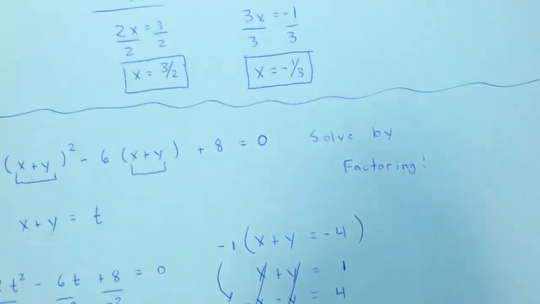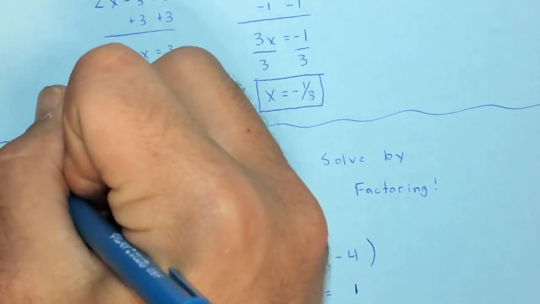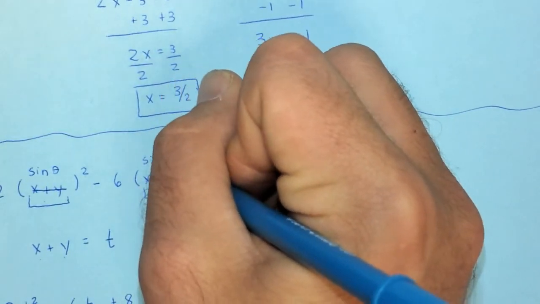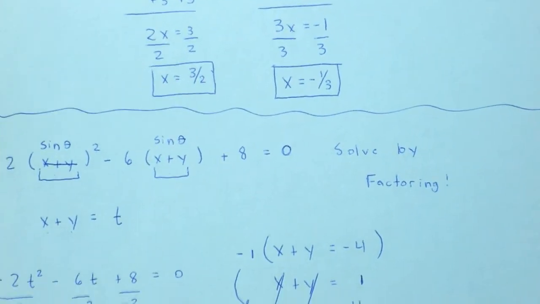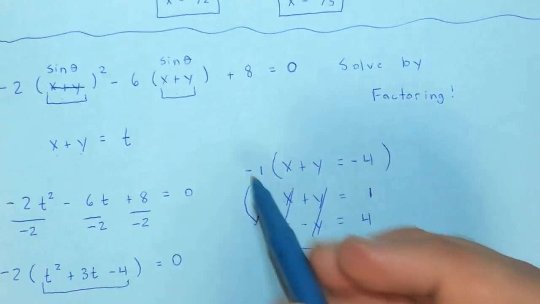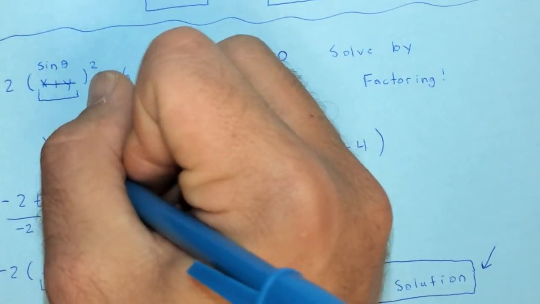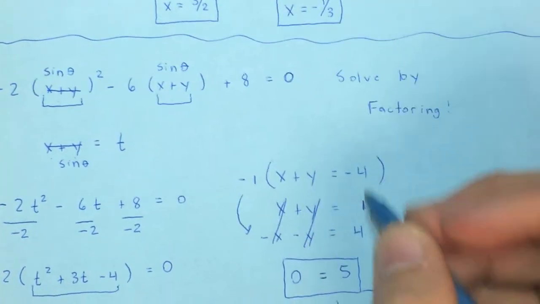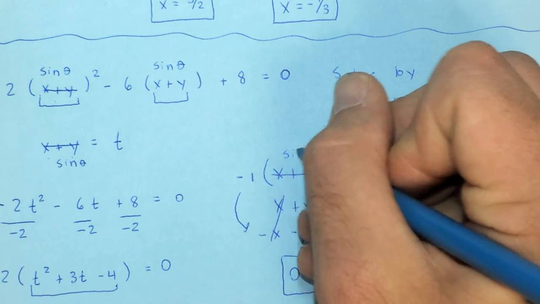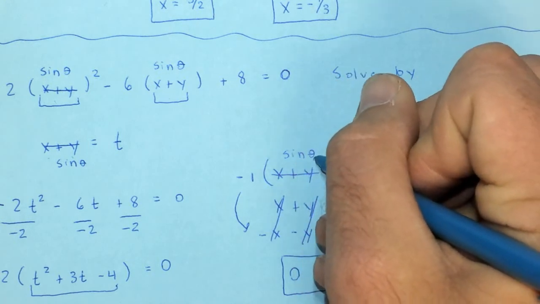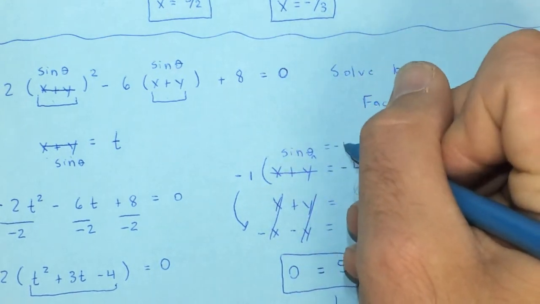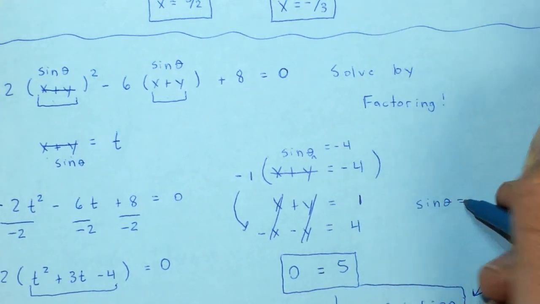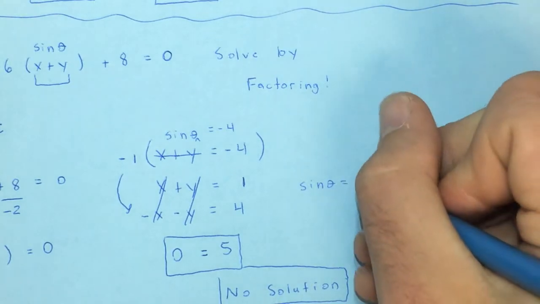What if I replaced these guys with like a sine theta? Maybe it's a problem on your homework. I would do the same thing, replace it with a sine theta, and at the end I could write, hey, sine theta is equal to negative 4, and sine theta is equal to 1.